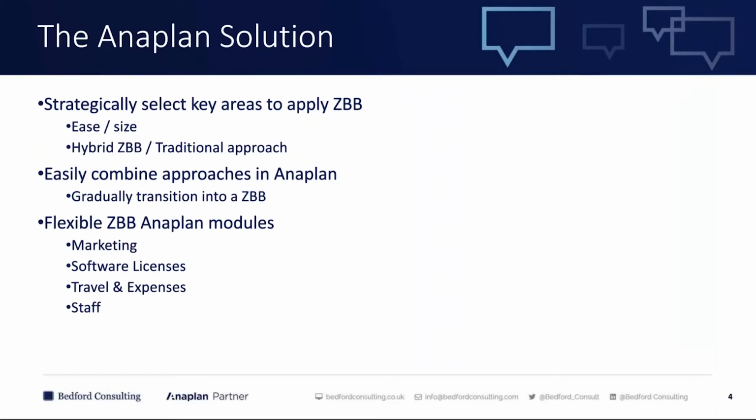And we're going to be applying the zero-based budgeting approach to these elements. But again, what's key to note is that this could be effectively an overlay on an existing traditional budget. We wouldn't need to be starting completely from scratch in a zero-based budgeting environment. It can be a transition that we would put in place gradually through Anaplan's flexibility.